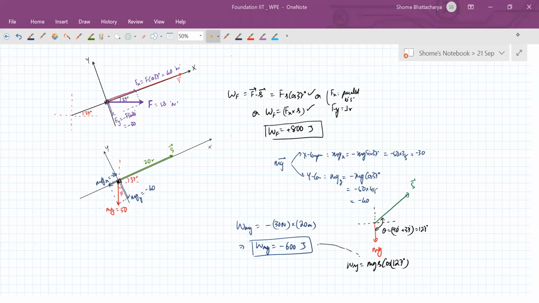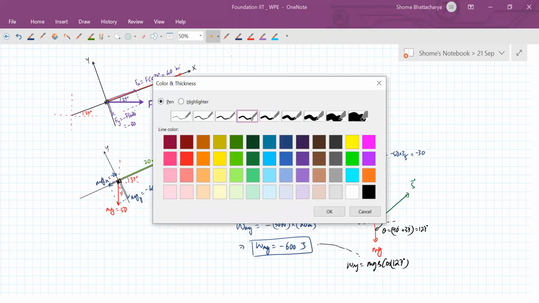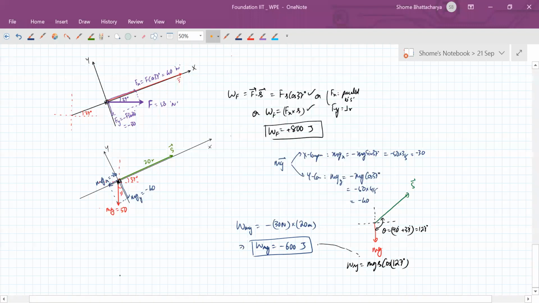Okay, people. So hope this is clear to all of you. Bhawmik, you've noted down everything now. Now it's pretty obvious that the work done by normal reaction will be zero, because normal reaction is acting along the direction which is perpendicular to the displacement.